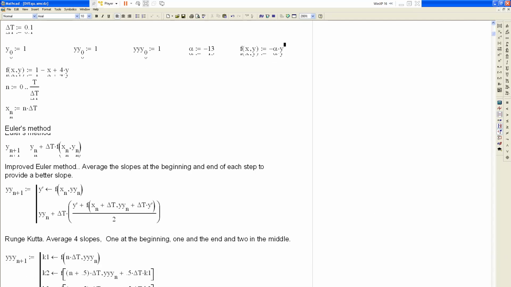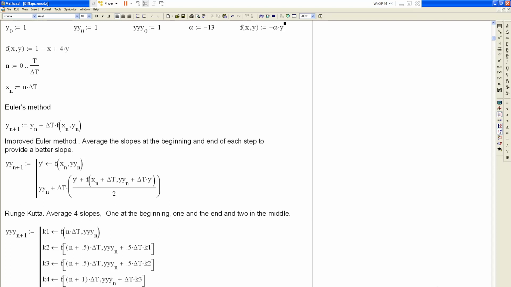and use an improved Euler's method, and I've heard this called optimized Euler's method, other things like that. And basically what we've done is we calculate this y prime again, which is this, and then we look ahead one step, which is here.